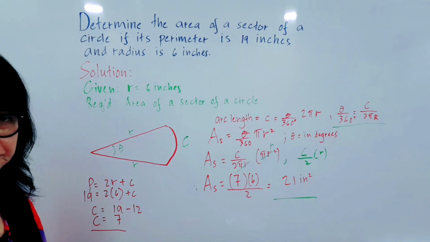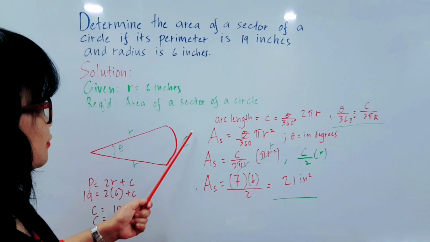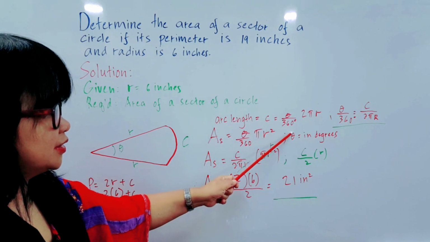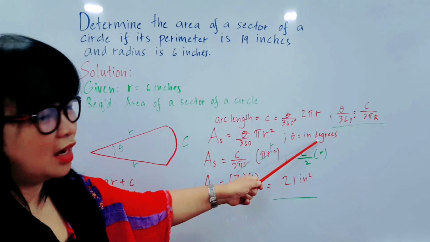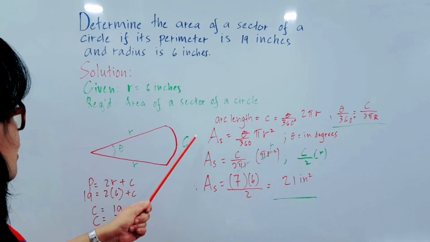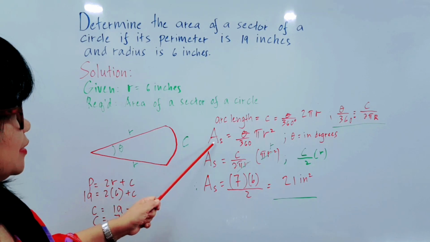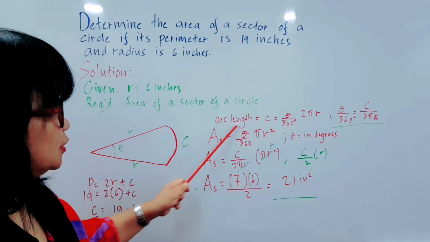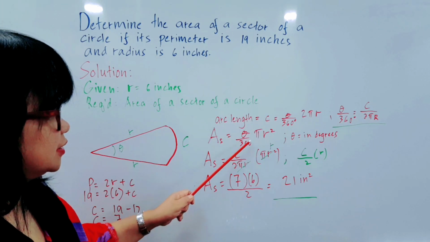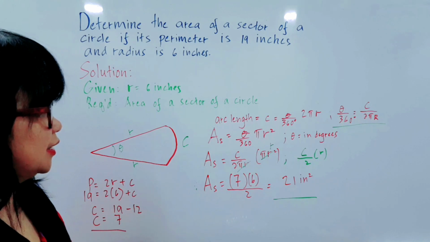Now, the formula for the arc length is equal to theta over 360 times 2 pi r. This is the formula for arc length. Now, the area of the sector of a circle is equal to, this is the formula also, theta over 360 times pi r squared.